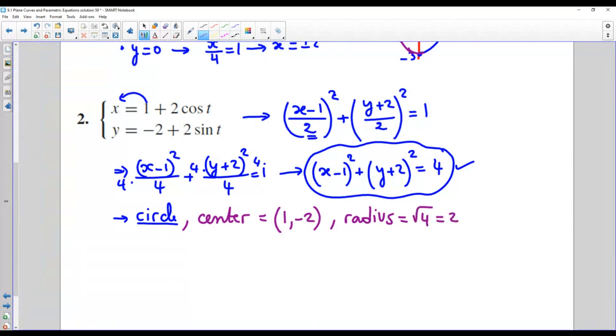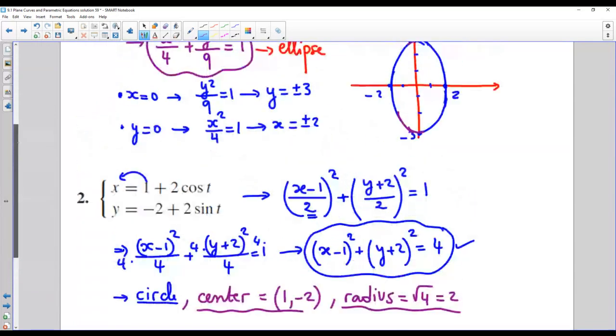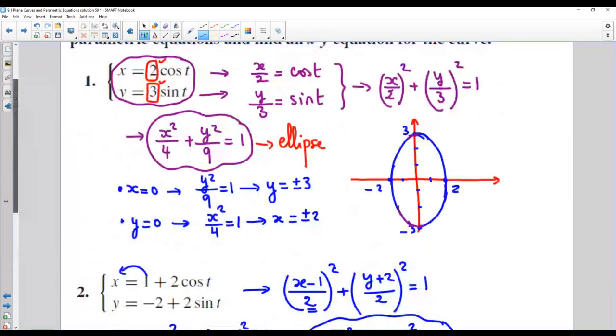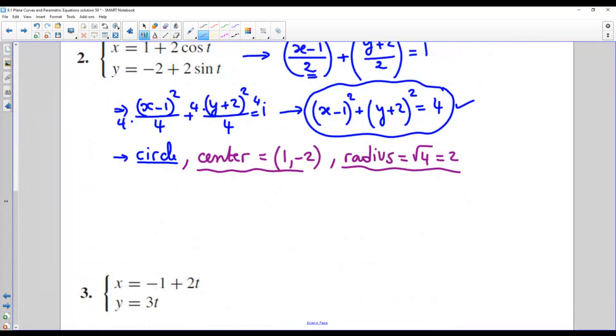That's it, like that. So once we have this, of course, we can graph. We have no problem in graphing after that. We can sketch the graph. So the center is 1 minus 2, so it's 1 and then minus 2, like this.